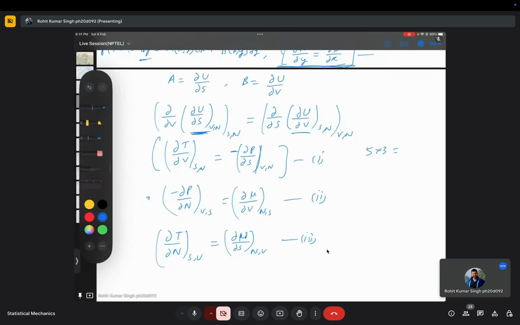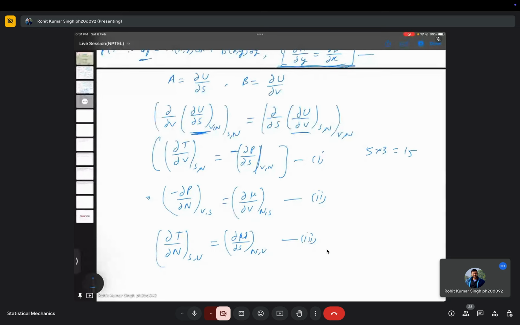But all of them will not be independent, or all of them will not be different from each other. Okay, and to check how many of them are independent, if you go and see the lectures, it's a long derivation, and there is something called the Jacobian formulation that has been used.